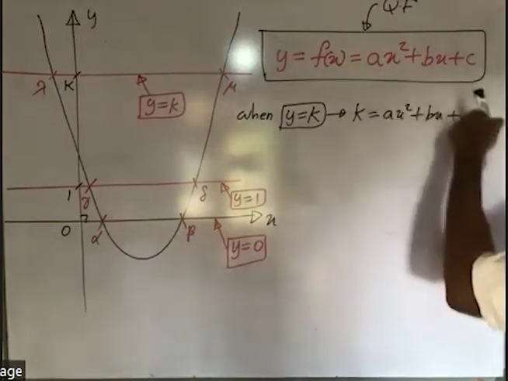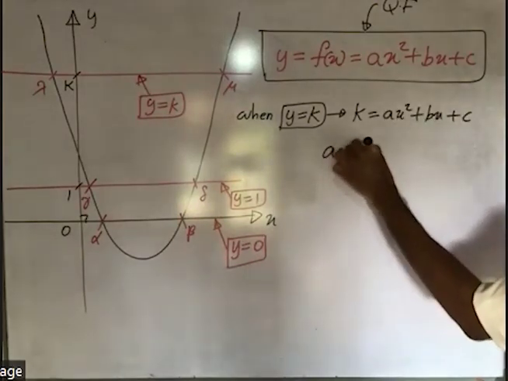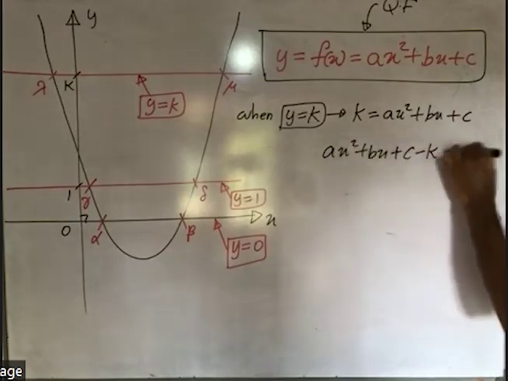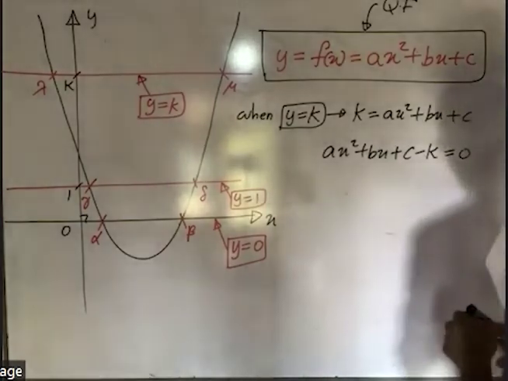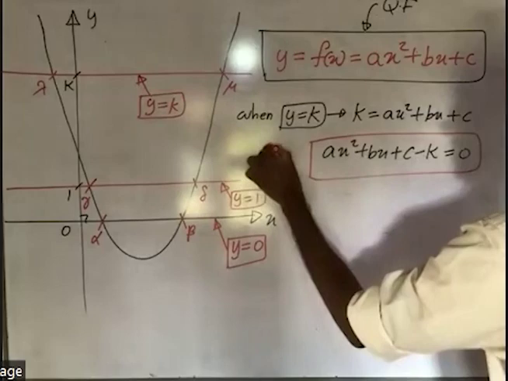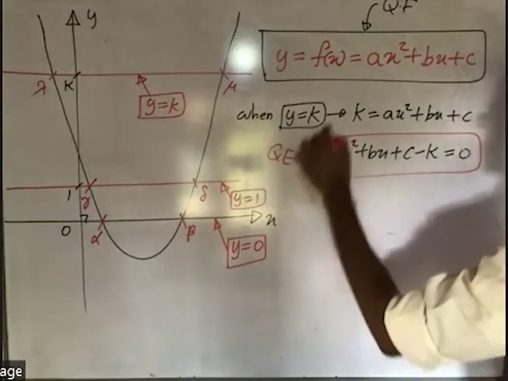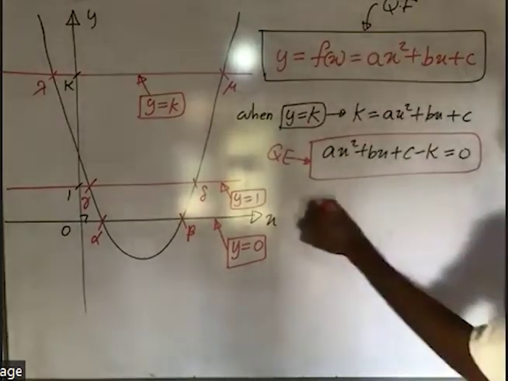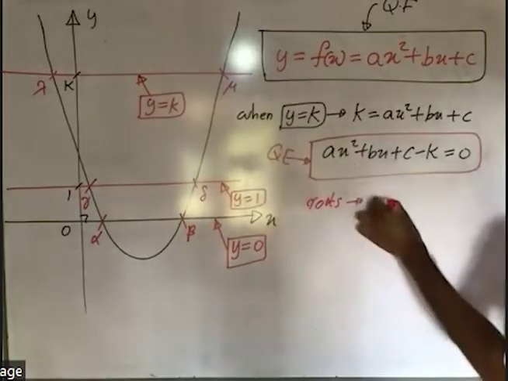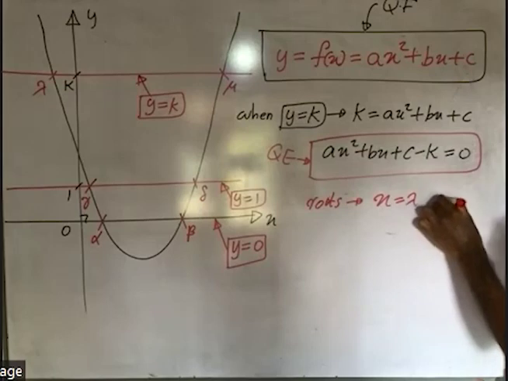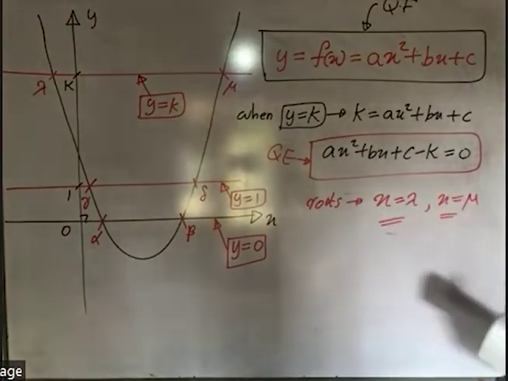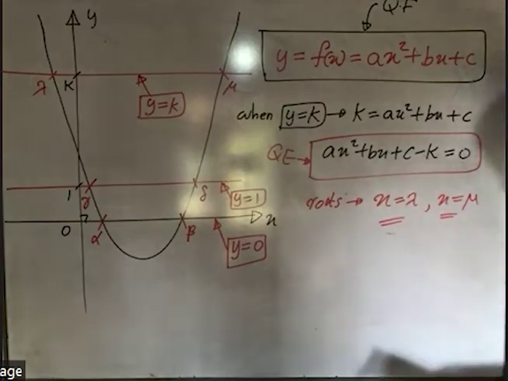Now if you take k to the other side, ax square plus bx plus c minus k equal to 0. This is also a quadratic equation we have developed from this quadratic function. Now we can write the roots of this equation as x equal to lambda and x equal to mu. Those are the two values of x, or the roots of this equation.